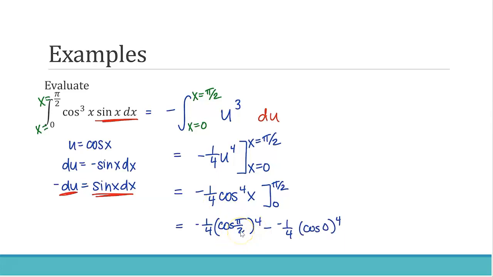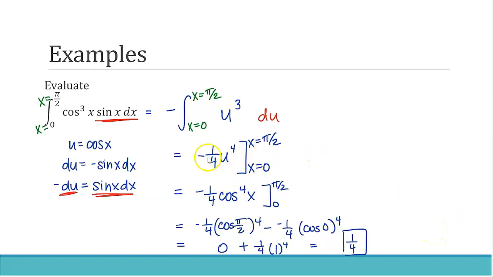And let's see, cosine of pi over 2 is 0. So this whole first term is 0. Minus negative 1/4 is plus 1/4. And cosine of 0 is 1. So 1/4 times 1 to the fourth just gives us 1/4 as our answer.